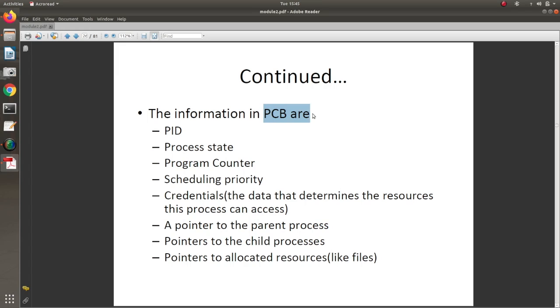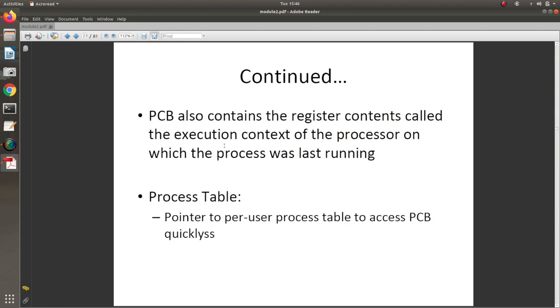So the information in the PCB is as follows. It has the unique process ID, the state of that particular process, the program counter, the priority of that process, the credentials of the data that the process requires to run, a pointer to the parent process, that is the process that created this particular process, the pointers to the child processes, that is the processes that are created by this particular process, and the pointers to the resources that are allocated, like the path to the files or whatever other resources that the process requires.